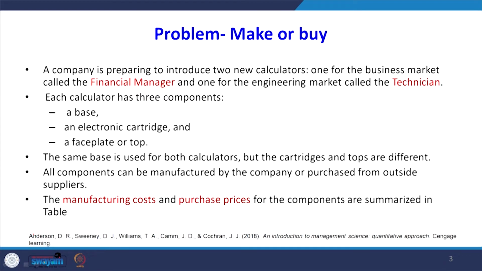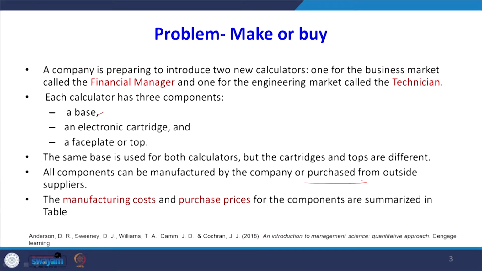The same base is used for both calculators, but the cartridges and tops are different. This base is common for both types, whether it is a financial manager or technician. All components can be manufactured by the company or purchased from outside suppliers.